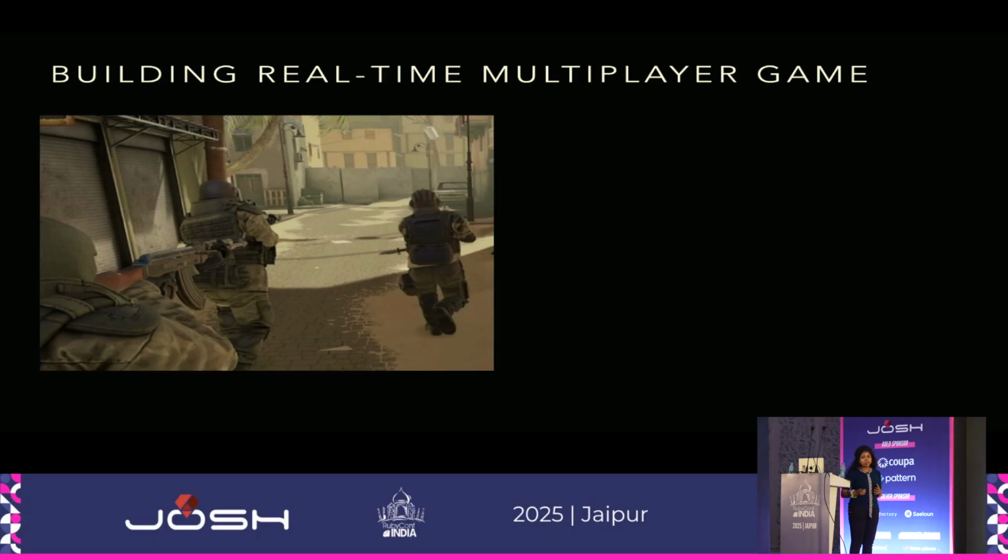Player 1 could be taking a step forward. Player 2 could be shooting the person or shooting the building. The building here is a world object and that world object should be reflected to everybody. Because if another person is also looking at the building and if person A has shot down the building, it should get destroyed. I mean, it should not be that only person 2 is seeing the building destroyed and person 1 is seeing the building intact. So the state needs to be consistent here.